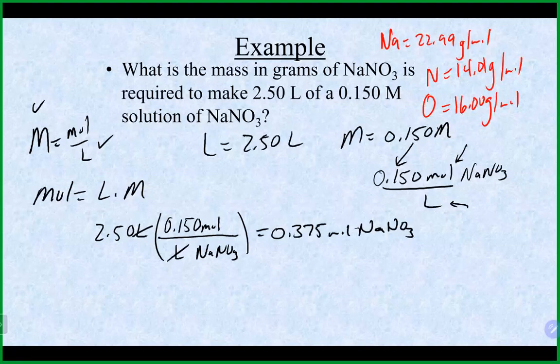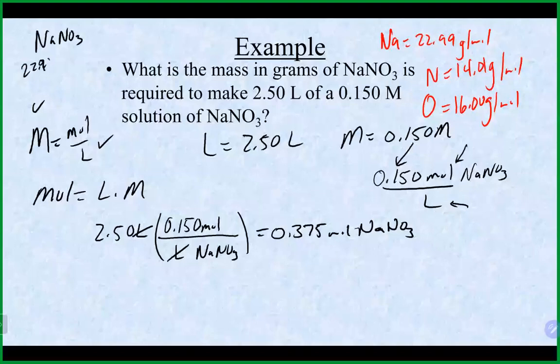Now that we have the moles of our sodium nitrate, which is our solute, it's really how much we want to weigh out. We need to convert it into a usable unit, going from moles to grams, which is another very common conversion used with molarity. That's going to be the molar mass, like we used on the previous problem. So we need the molar mass of sodium nitrate. If we add it up, that's 22.99 grams per mole plus 14.01 for our nitrogen plus 3 times 16 for our oxygens.